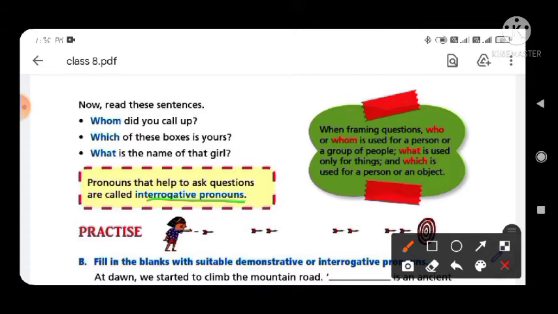When framing a question, who or whom is used for a person or a group of people, what is used only for things, and which is used for a person or an object.